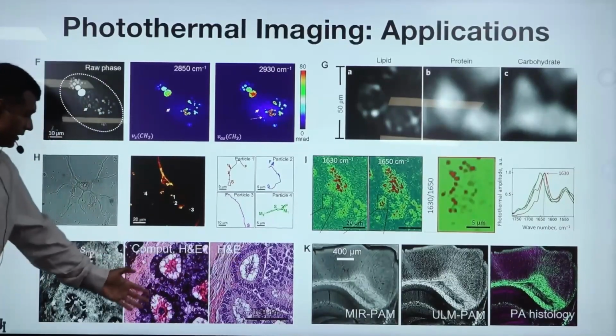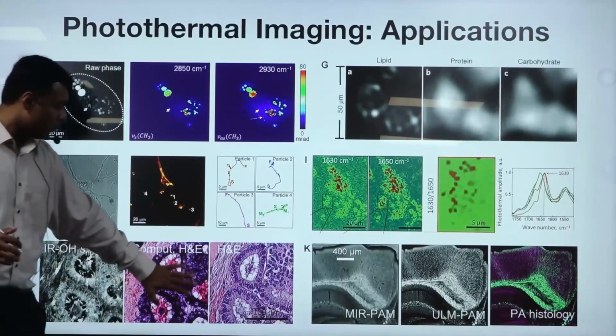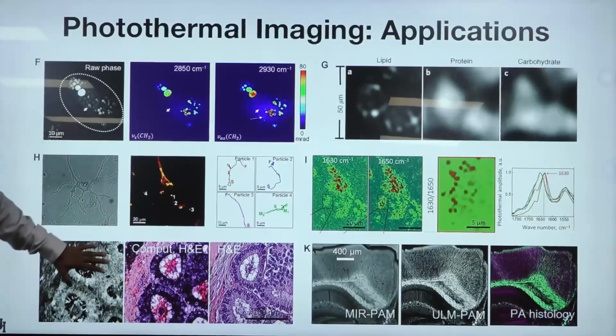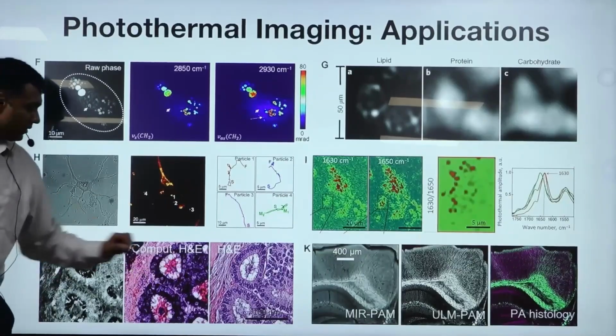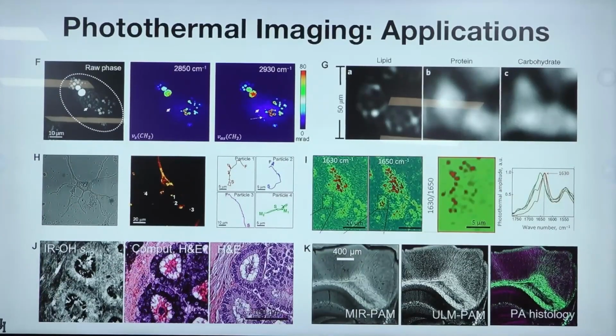You can get equivalent, better images without those chemicals. You'll get this kind of an image, and you can convert it to an image of this sort and give the doctor something which they are familiar with. I mentioned in the previous lecture that if you give doctors something that looks like what they've seen before, it's easier for them to adopt it in their clinical setting.